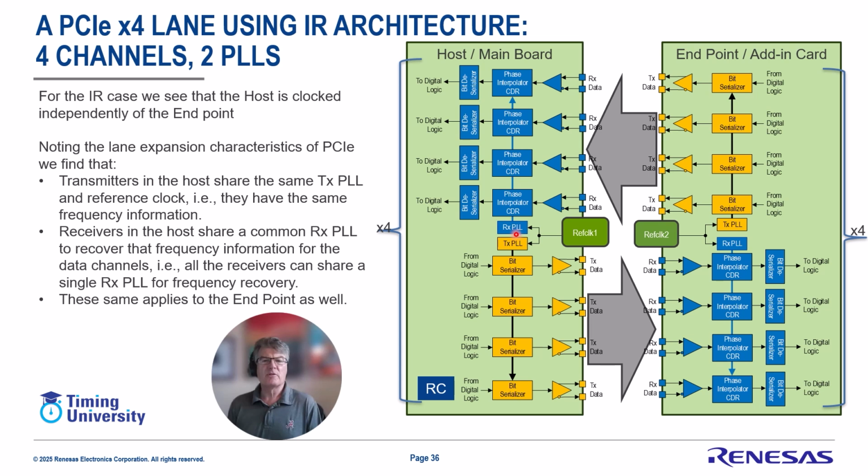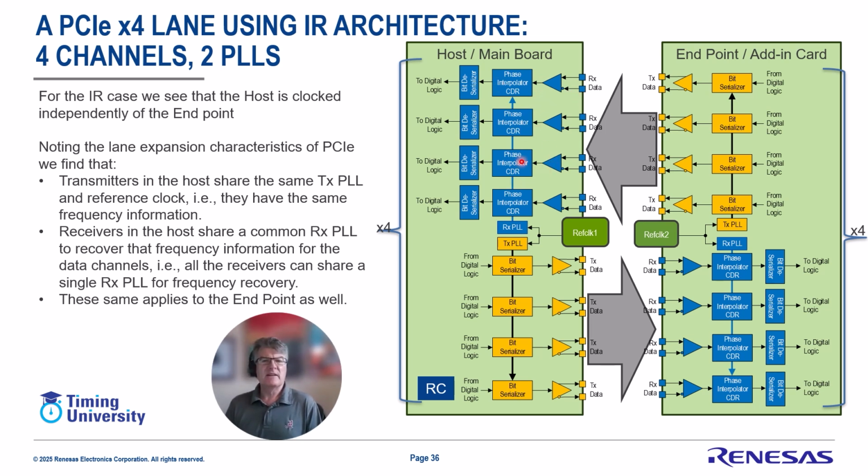We need the separate transmitter PLL here because there is no common frequency source, and so this receiver PLL in blue will be recovering the frequency information, which is common for this data link over here, and then providing that to the phase interpolator so that they can find the phase of each of the data streams.